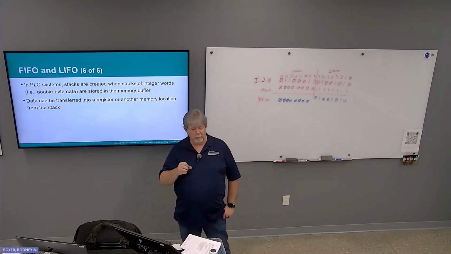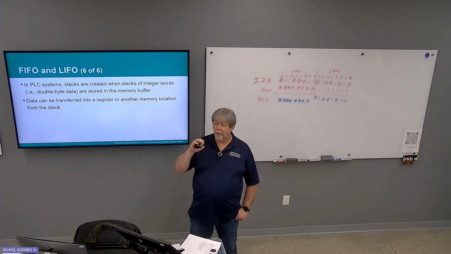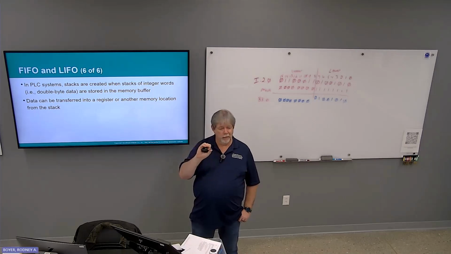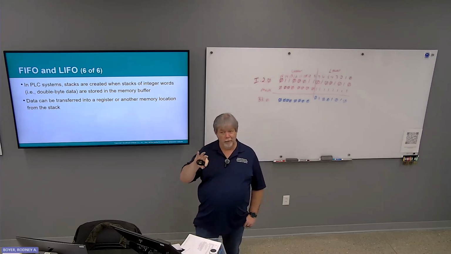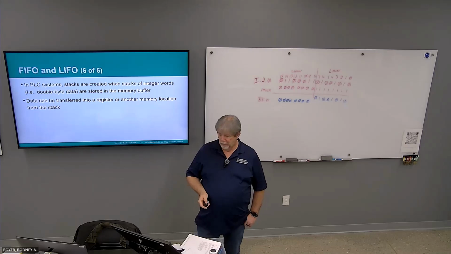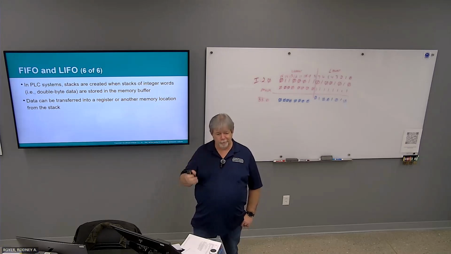So we can, I was going to say manually, but it can be automatic. You manipulate the data that's in the output data file, and you can turn the outputs on in whatever order you want. And you can use a switch or a push button or a limit switch or anything to trigger that next step.